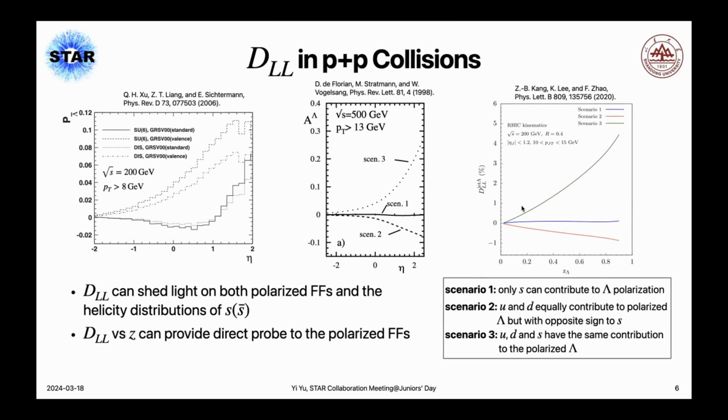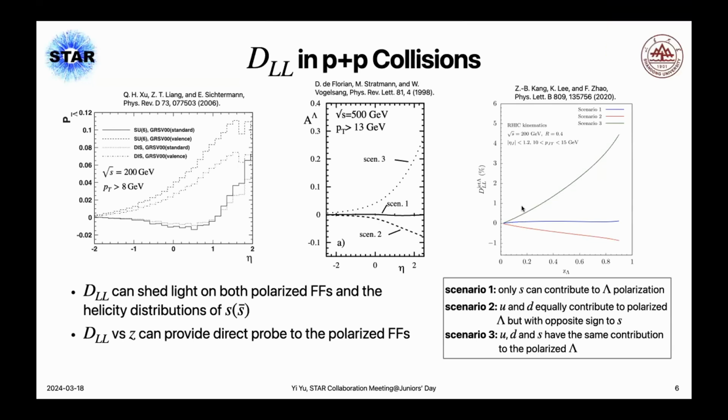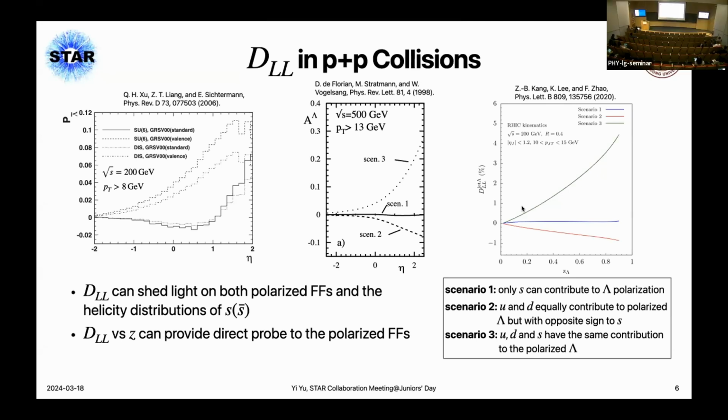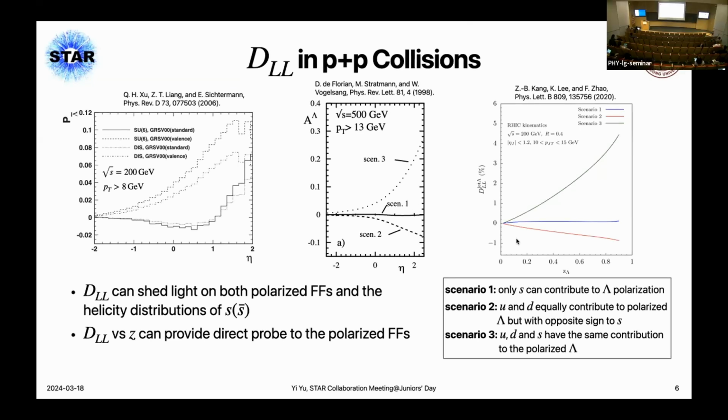And the right plot is from recent theoretical studies. It shows that measuring the DLL as a function of the jet momentum fraction carried by lambda hyperons can provide direct probes to the polarized fragmentation functions. Here, similar to the second plot, there are also three scenarios considered.